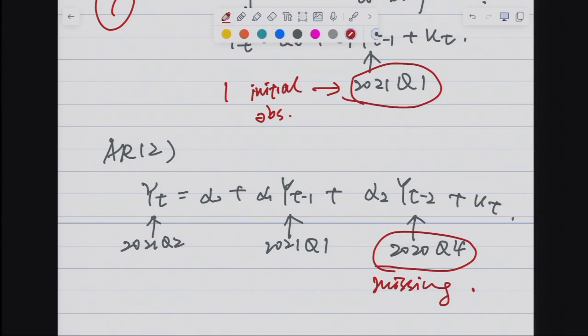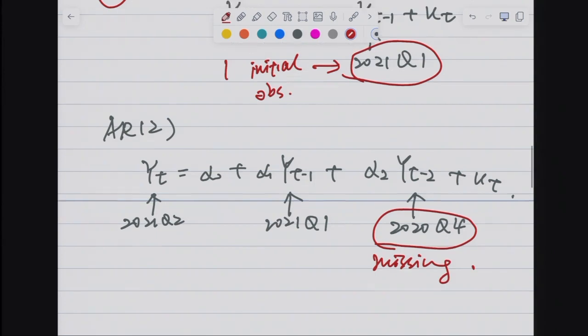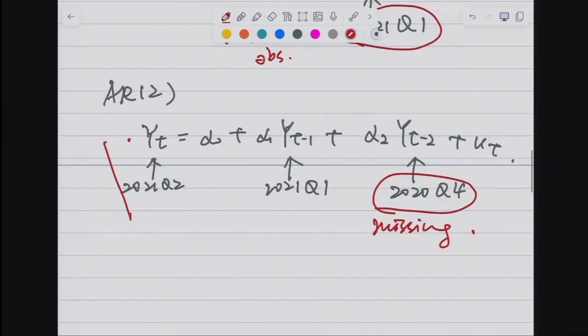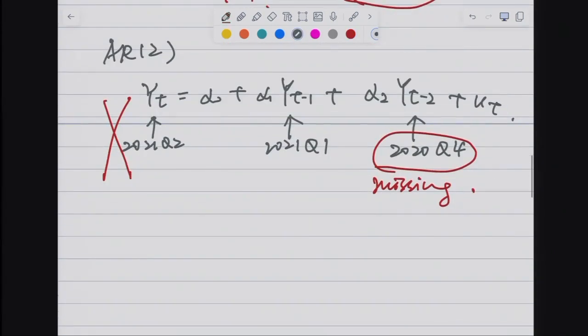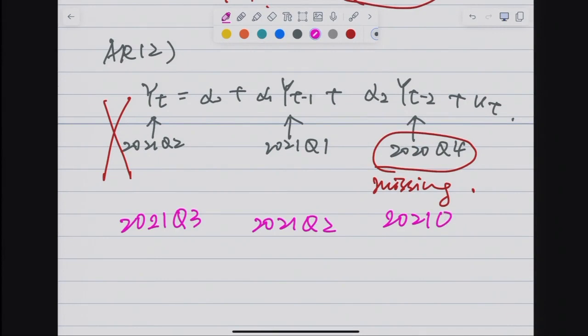So we need to set an additional observation aside as initial observations. The first one should start from 2021 Q3, because then the immediate past is 2021 Q2 and 2021 Q1.